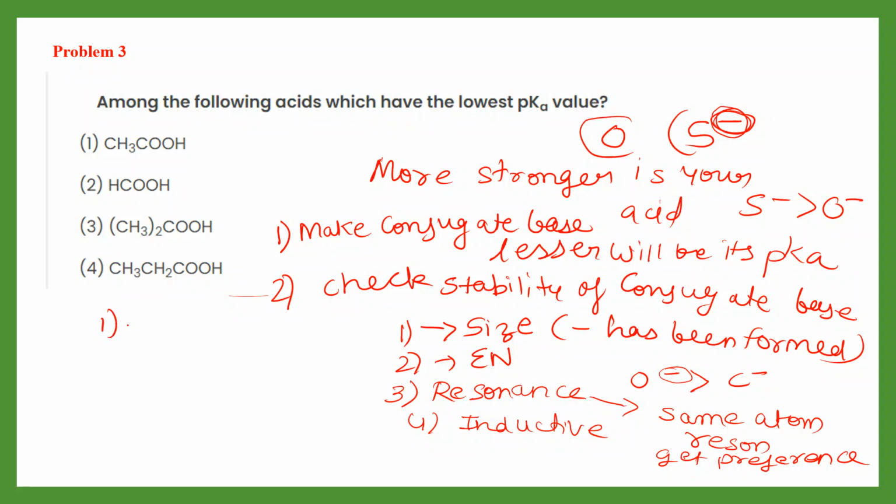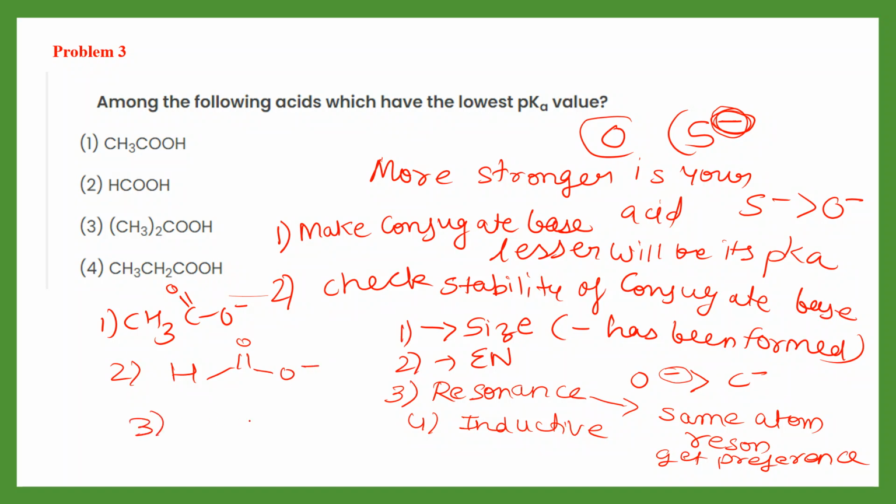So in the first option, your anion will be like this, or we can say the conjugate base, not carbanion. I'm wrong here. Anion. Okay. Second, it will form HCOO negative.